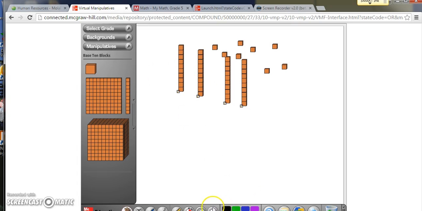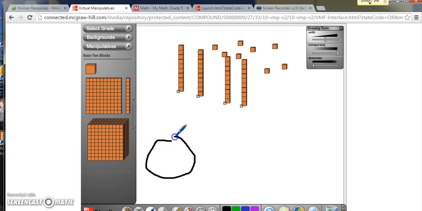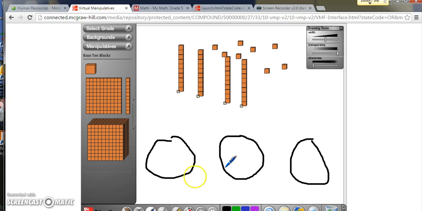So I'm going to go down here and use the pen tool, and make 3 separate groups. So 48 into 3 groups. This would look like 48 divided into 3 groups, 1, 2, 3.